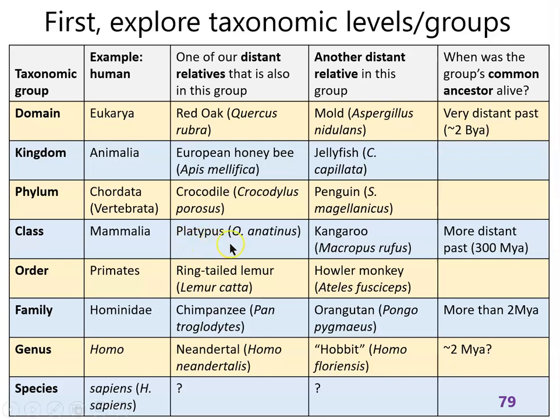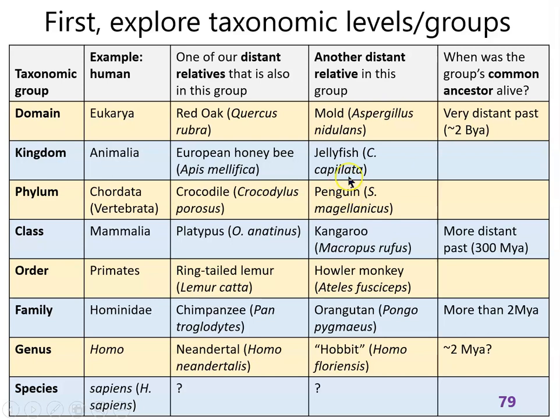So a platypus that lays eggs, and a kangaroo that raises its offspring in a pouch, and us, we're all mammals, but these are fairly different from us, right? And our common ancestor that we have with them is farther back in the past. You have to look back 300 million years to see the organism whose descendants were as different as the platypus, the kangaroo, and us.